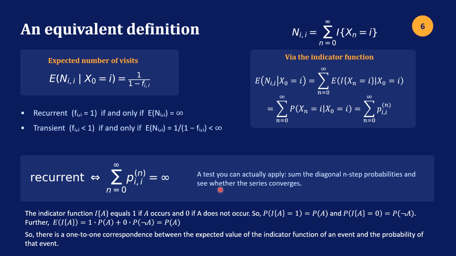If it doesn't converge, then this becomes infinite, and that implies the state is recurrent. So that gives us another way of computing whether or not a state is recurrent or transient. In summary, we can compute the expected value two different ways, and each way gives us a different perspective on whether or not the state is recurrent or transient.